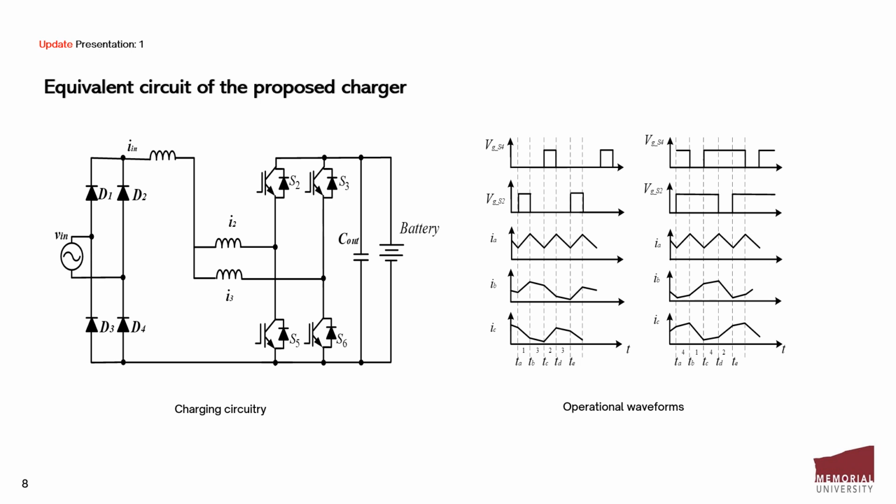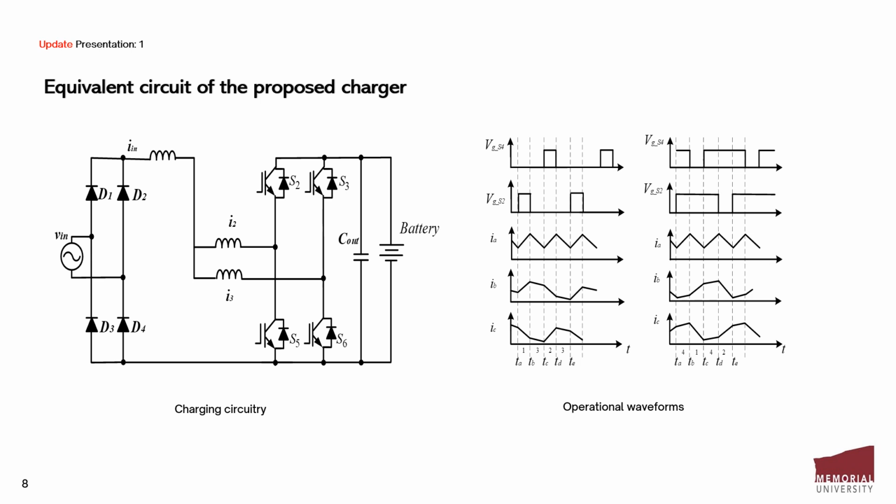And then we can see that the inductor current passing through the legs C and B, legs A and B, is equivalent to the overall inductor current IC passing through the first leg.